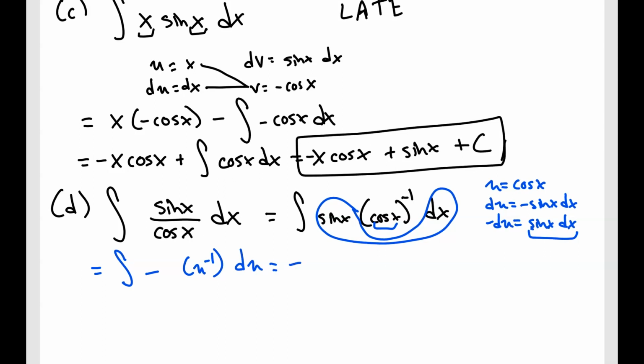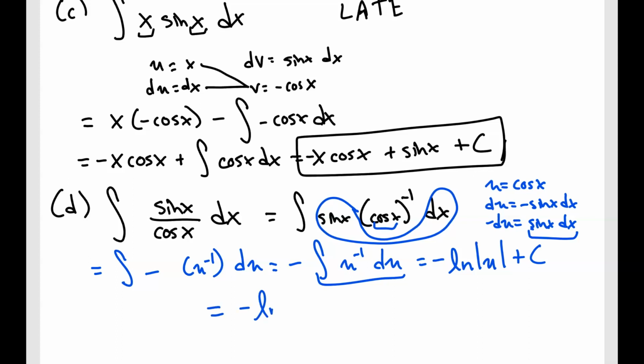I can take the negative outside: negative the integral of u to the negative 1 du. The integral of u to the negative 1 is the natural log of the absolute value of u plus c. Finally, plug in what u was: cosine, so it'll be negative ln of the absolute value of cosine of x plus c.